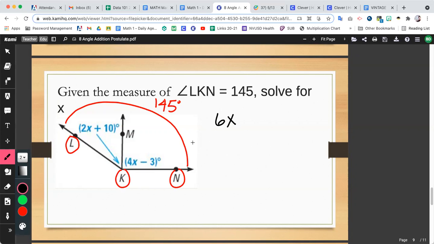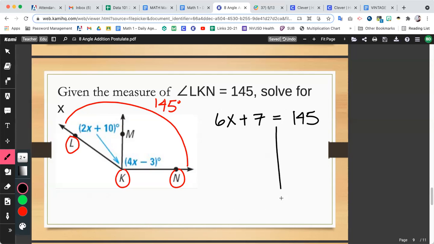Okay, now let's do the numbers. I have 10 from the left side minus 3 from the right side. So 10 minus 3 is going to give us positive 7. Very good. And both of these together equal 145. Again, I add up the pieces and they add up to the whole thing.